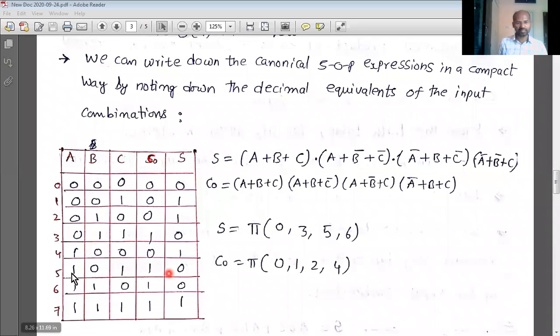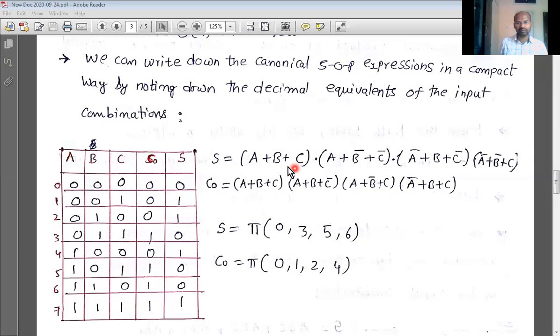Another combination here: A bar plus B plus C bar for this combination. Similarly, for this combination, A bar plus B bar plus C, because C is taking 0, so we write just C, not C bar. So A bar plus B bar plus C.